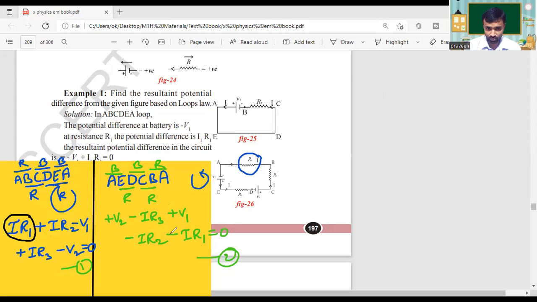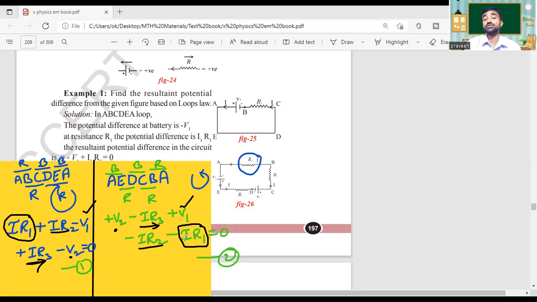So in your equation 2, is IR1 there? Yes, there. Next IR2. Yes, available. Next V1. V1 available. Next IR3. Here is IR3. Next V2. V2 is also available.